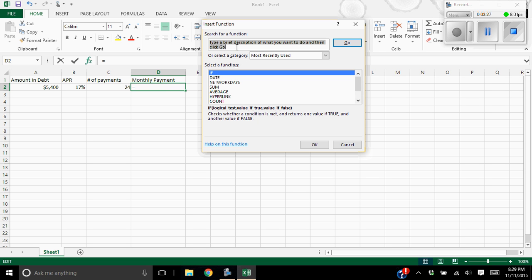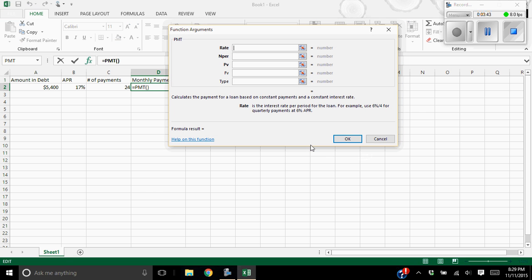We can type in monthly payment, and you're going to get different things come up, but we're going to use what's called the PMT. Payment monthly, I think that's what it stands for. So we have it, and now we want to put our numbers in.